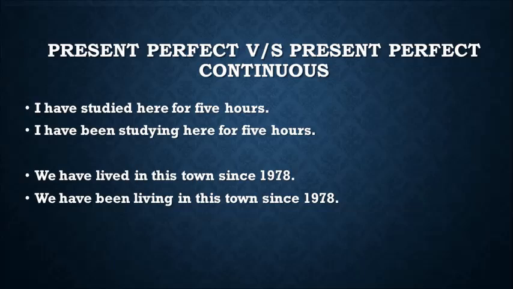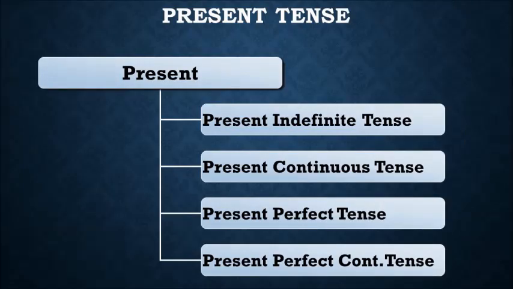That's all for today. But before completing, I would like to say that what we have learned till now is about present tense. And present tense, based on aspects, is divided into 4 parts. First of all, simple present. Second, present continuous.